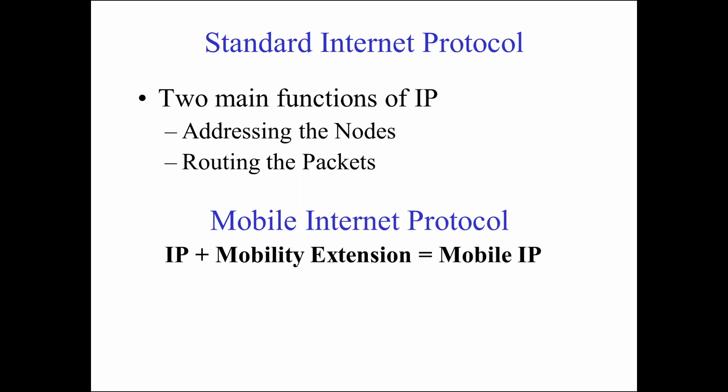What is meant by best path? The path must be optimized, reliable, and secured. So IP's main responsibility is to choose the best path between the sender and the receiver for transmission of packets. These two functions are done by IP protocol.